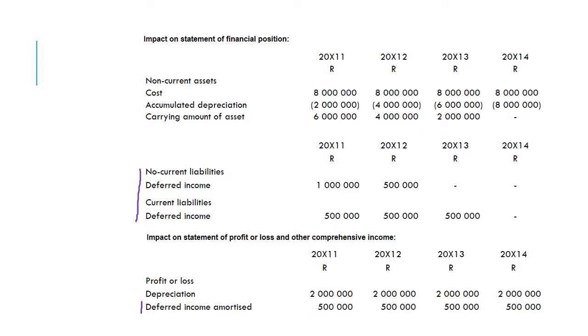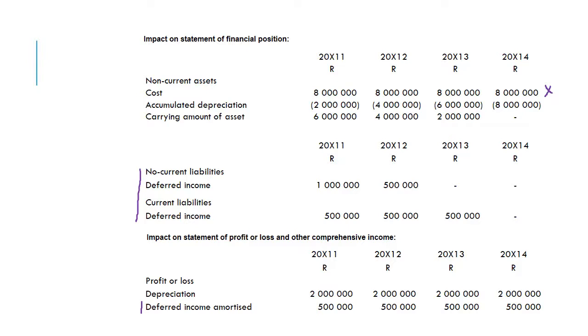So in this option, in our assets, we have an 8 million cost versus the 6 million of the previous option. Then you just have your depreciation. Then lastly, under the liabilities, what was the amount of the deferred income left? We had the 2 million and we amortized 500,000. So we have 1.5 million left.